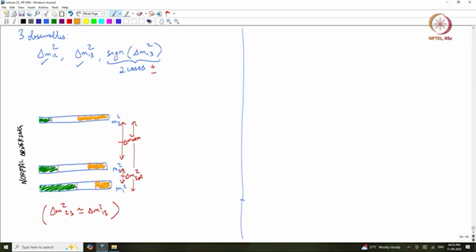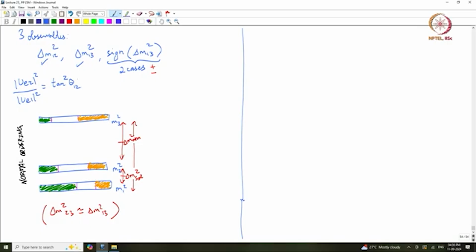What are these ultimately? These are the PMNS matrix elements, but re-expressed in a certain way. This is tan square theta 12.